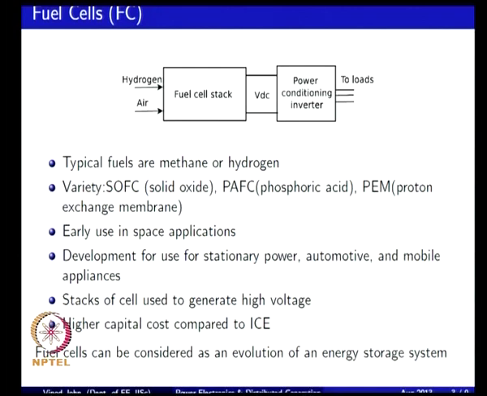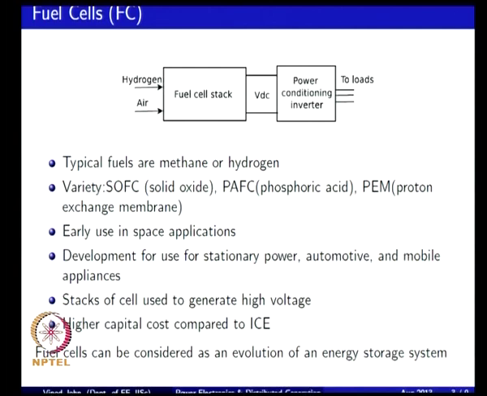For example, people are looking at the PEM variety for transportation applications, where the temperature is not very high, whereas for stationary applications having something hot can be more easily handled. So, people have looked at higher temperatures to get the benefits of systems such as solid oxide.